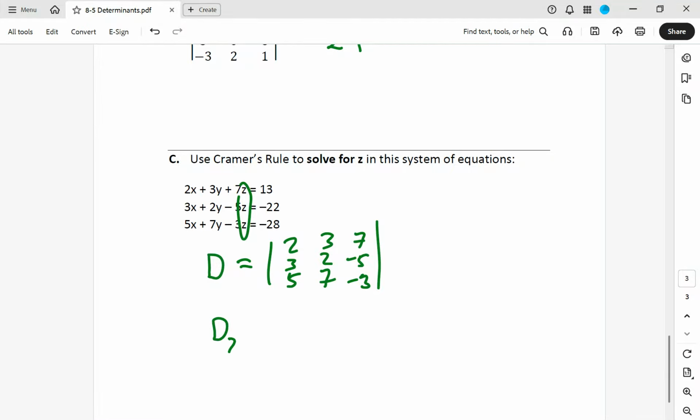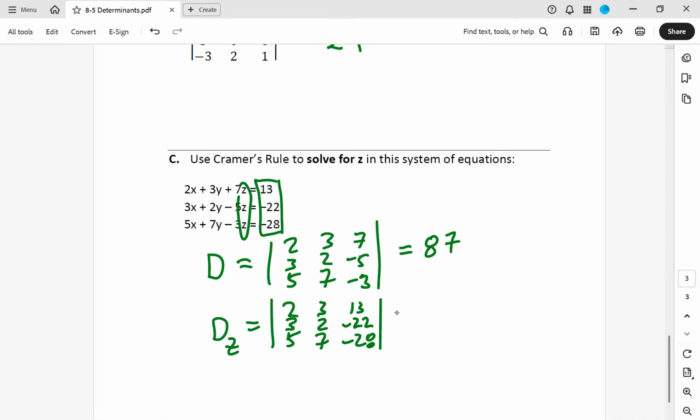And the one for just the z will have the x's just fine, the y's just fine, but it's going to use these now to replace the z's, 13, -22, -28. And when you calculate the 3 by 3, especially if you're going to do it a bunch of times, do it on the calculator, and it will tell you that this is 87 and that this is 261.